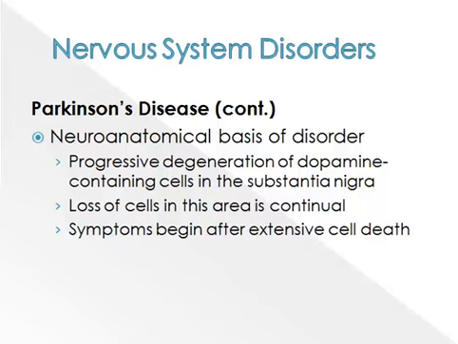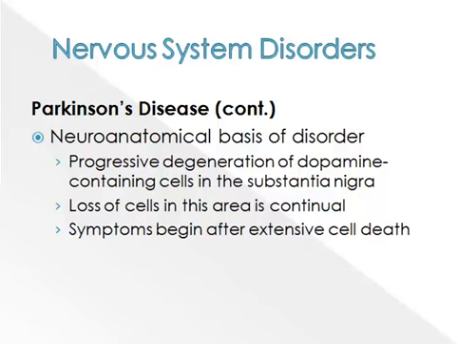The neuroanatomical basis of this disorder is a progressive degeneration of dopamine-containing cells in the substantia nigra. This is an area that is subcortical, it's below the cortex, and it is a group of cells that project into the basal ganglia. So it is considered to be a part of the basal ganglia, the substantia nigra.